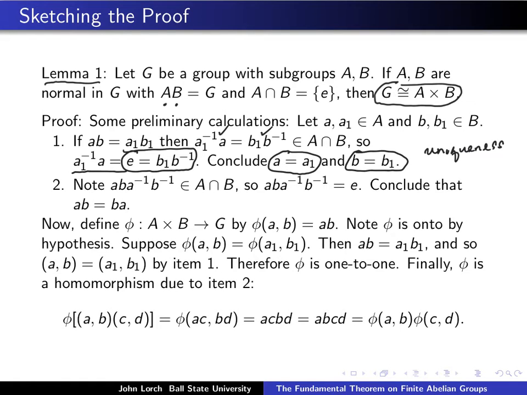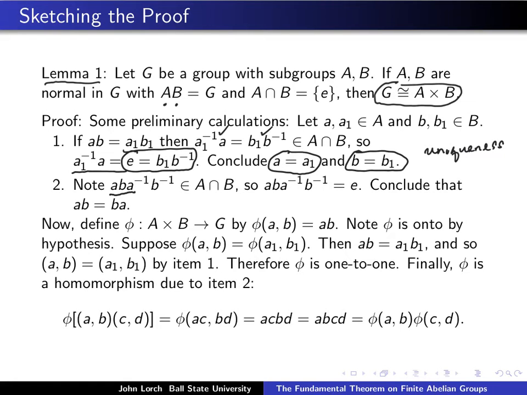Okay, now the second calculation is going to tell us that everything in A commutes with everything in B and vice versa. And how do we see that? Well, if we look at this product, A B A inverse B inverse, if you focus on the product of the first three objects there, A times B times A inverse.